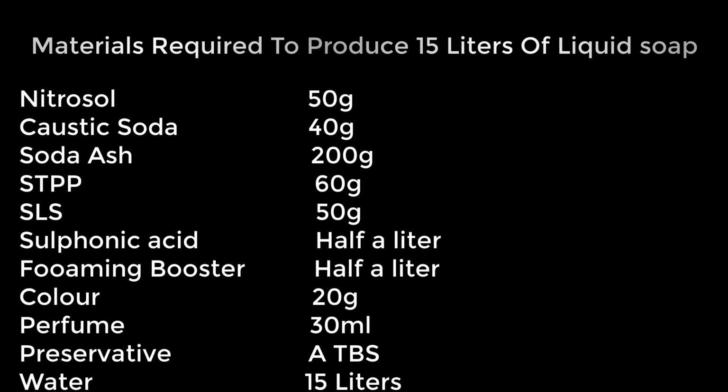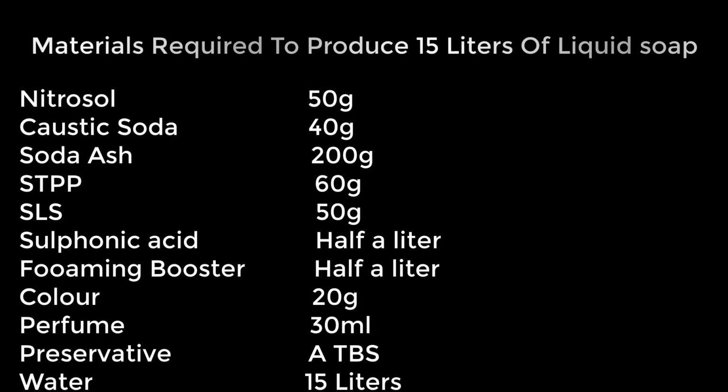If you want to produce 15 liters of liquid soap, you will need nitrosol 50 gram, caustic soda 40 gram, soda ash 200 gram, STPP 60 gram, SLS 50 gram, sulfonic acid half a liter, foaming booster half a liter, color 20 gram, perfume 30 ml, preservative a tablespoon, and water 15 liters.